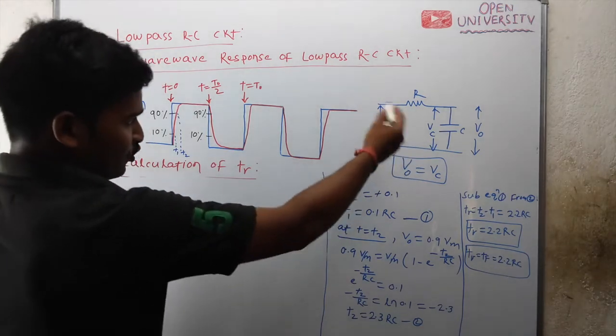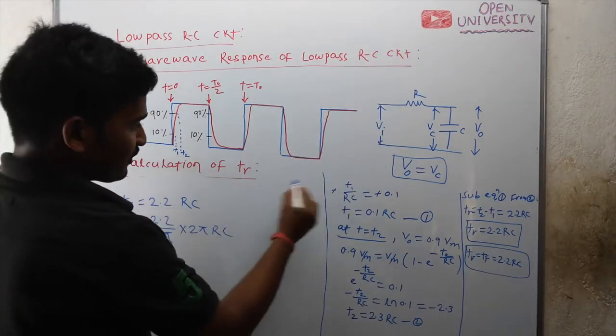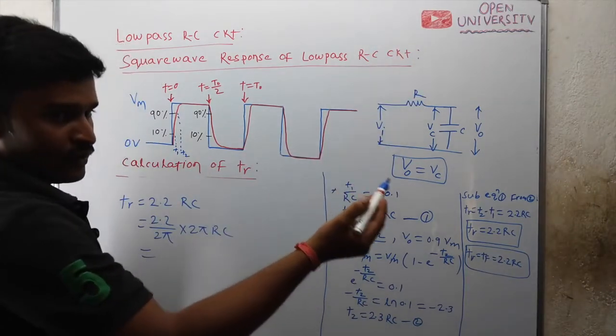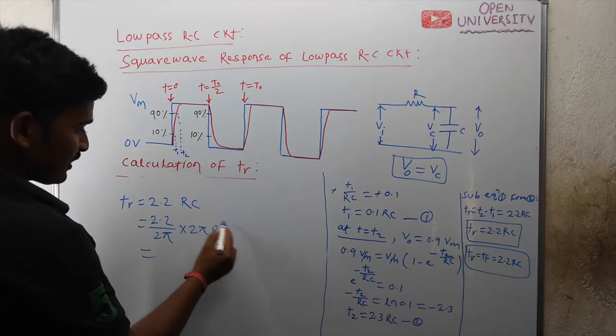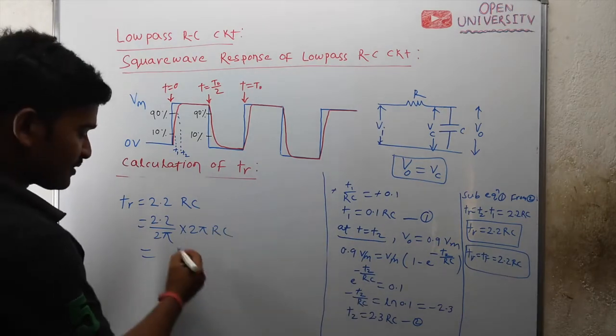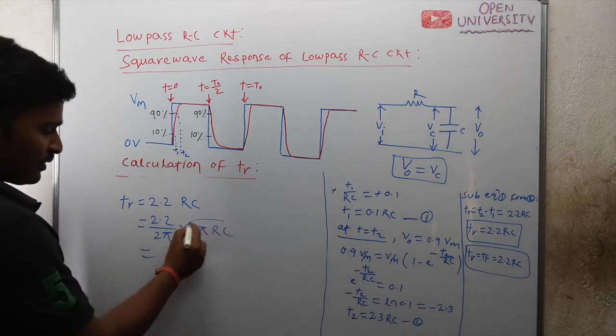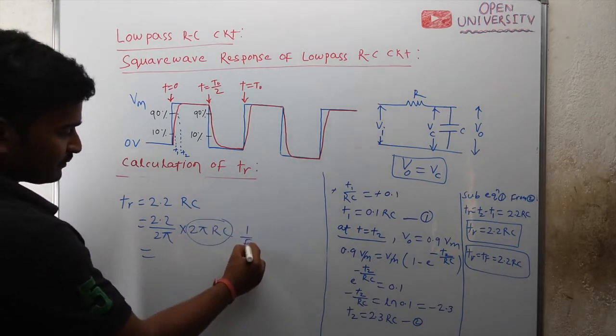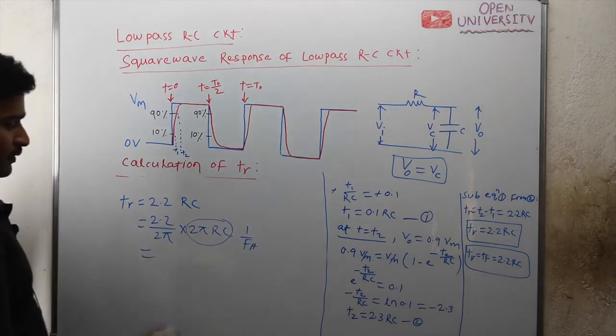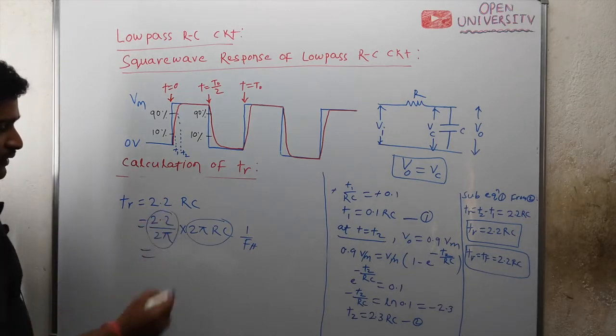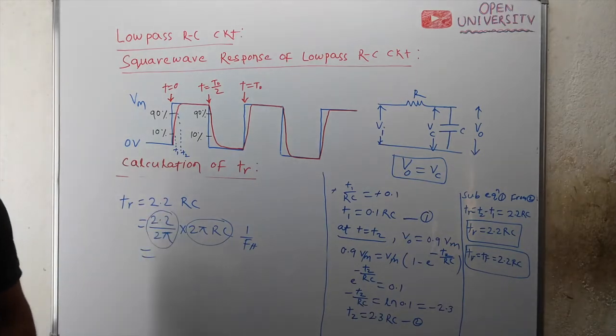In the discussion of low pass RC circuit, I defined the formula for FH. FH was 1 by 2 pi RC. So then 2 pi RC will be 1 by FH. And this value, if you calculate, it will be 0.35.